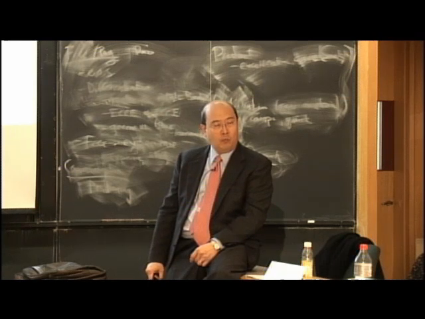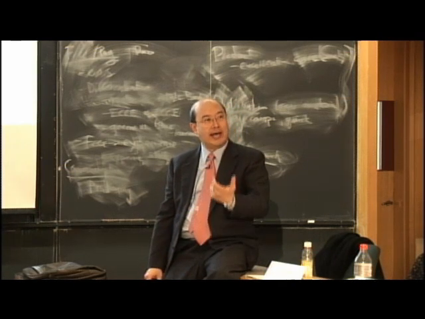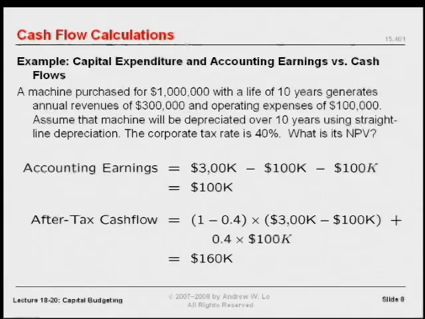However, that's not the cash flows. Let's look at the cash flows. The cash flows on an after-tax basis, assuming a 40% corporate tax rate, is 1 minus 0.4 times revenue of 300 minus operating expenses of 100. So you're making 200 cash every year before tax.